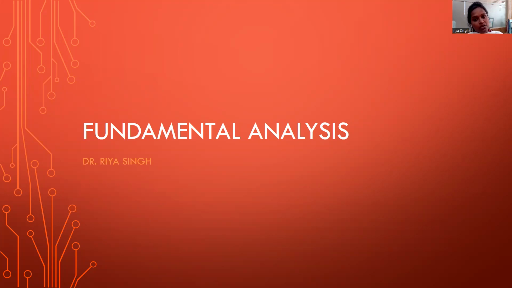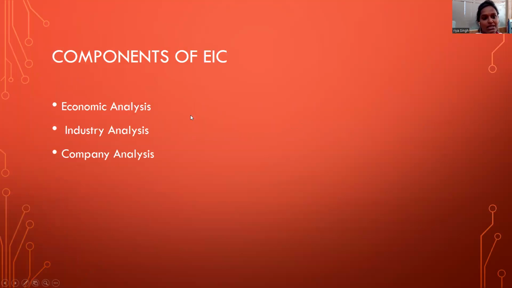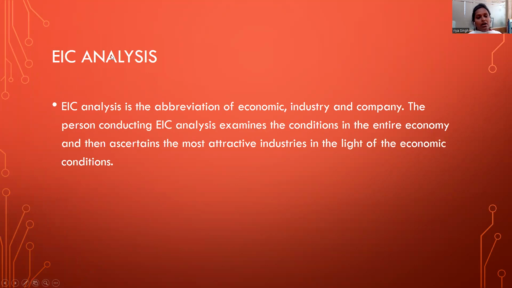When we do the fundamental analysis, we call it EIC analysis. The components of this EIC analysis are economic, industry, and company. When we are going to do the investment, first we should check the condition of our economy.